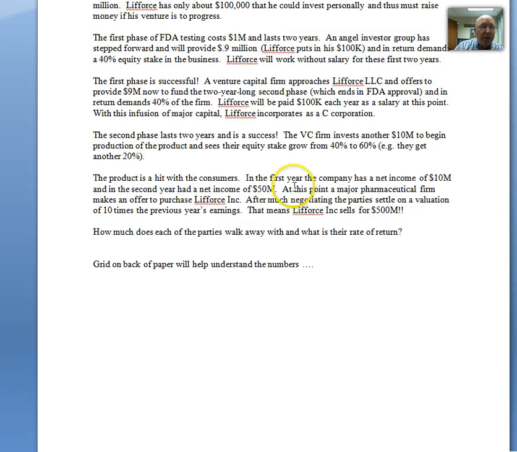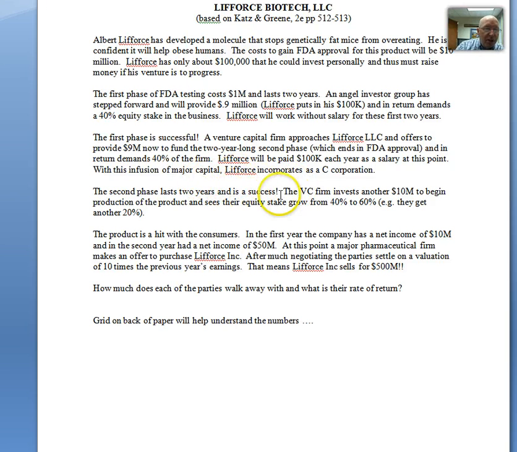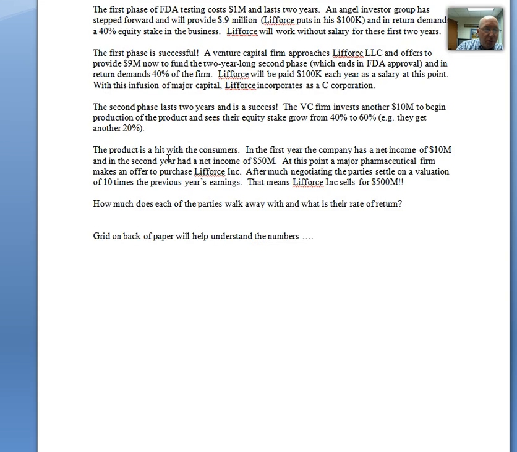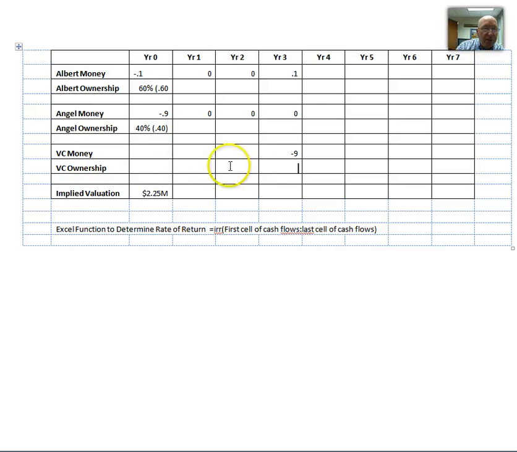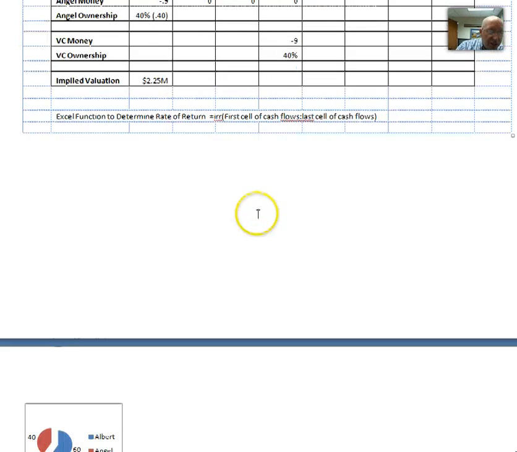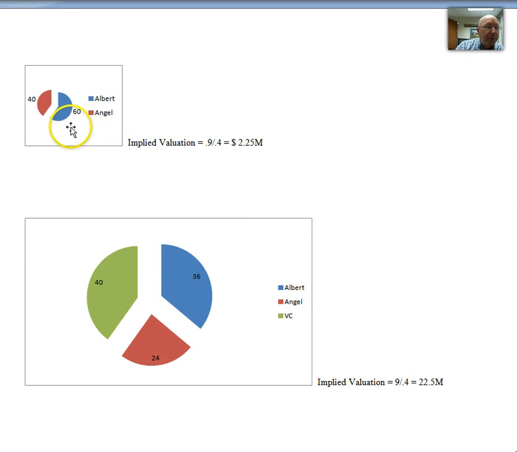And then per the agreement, in return for that $9 million, the VC demands 40% ownership. So now the VC owns 40%, and I'm not going to continue with the mathematical equivalence. So let's say that shakes out down to the pie. Now the VC owns 40%, and of the remaining 60% that is owned by Albert and the angel, we're going to assume that they keep this 60-40 split.